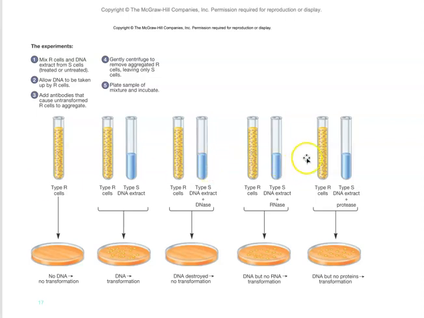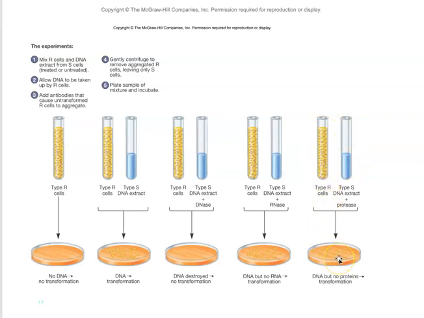So the question is, if I take the R cells and mix them with type S DNA extract, and basically type S cells, you just kind of kill them with heat and then do a crude extraction, and then you treat them with a protease, which would subtract proteases from the mixture of macromolecules. Mix that in there. Do you get transformation?